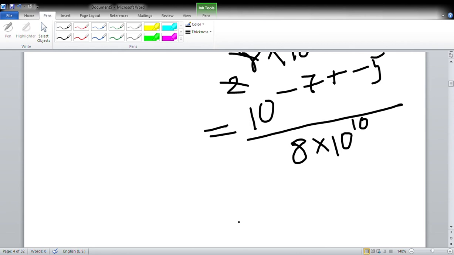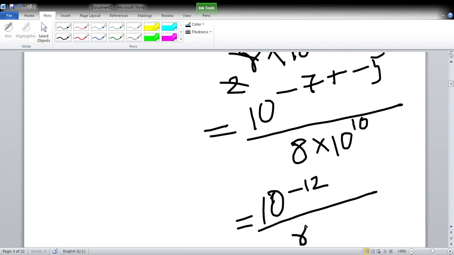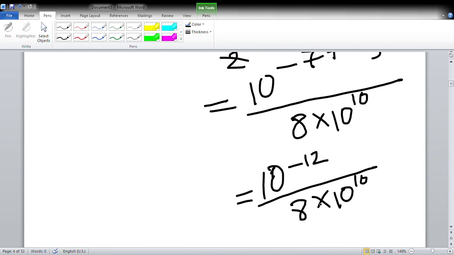So 10 to the power minus 7 plus minus 5 is minus 12. Again 8 multiplied by 10 to the power 10. So the base is the same.